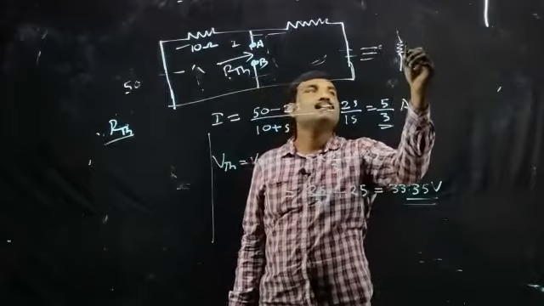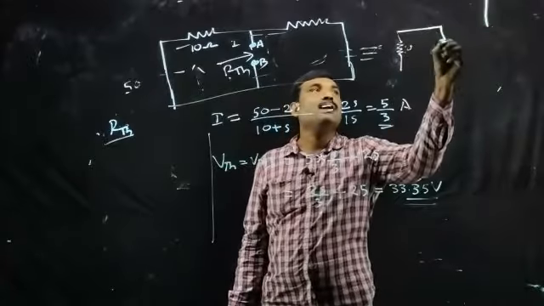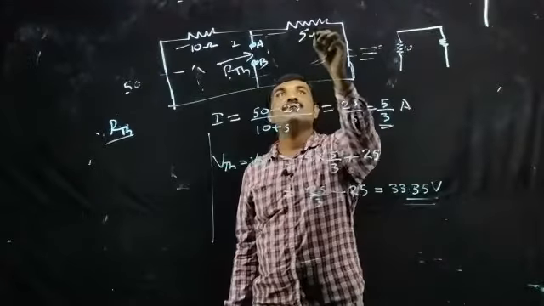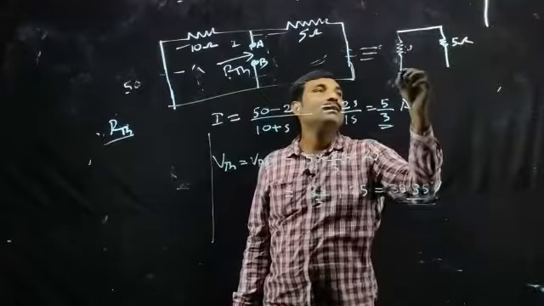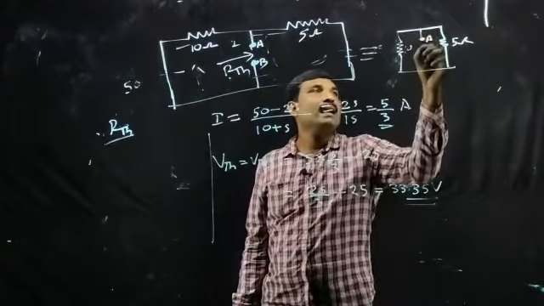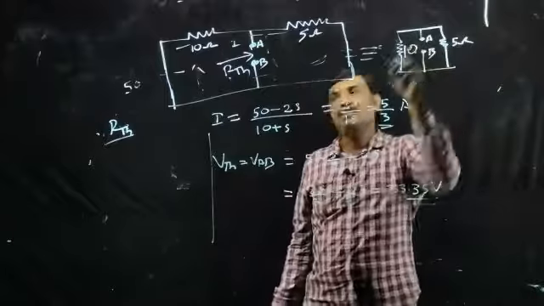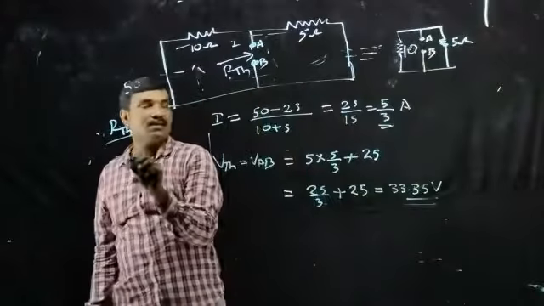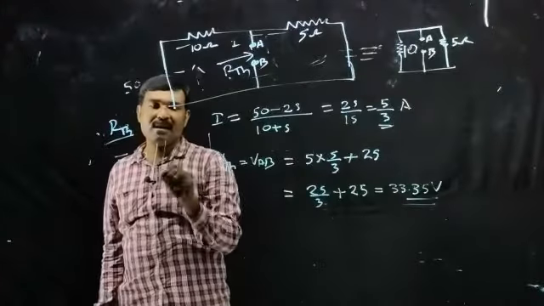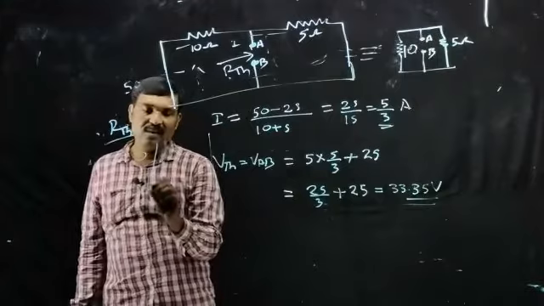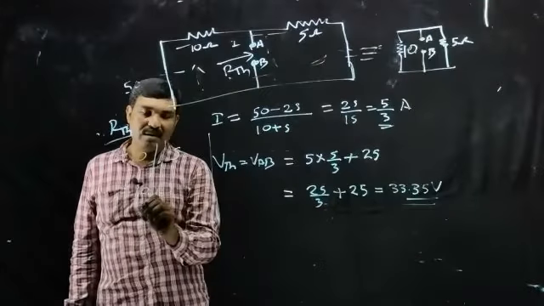So this resistance 10 ohm is in parallel with this 5 ohm. And this is our point A, terminal AB. So this 10 and 5 are in parallel. So RTH is equal to 10 parallel 5, or 10 into 5 divided by 10 plus 5.